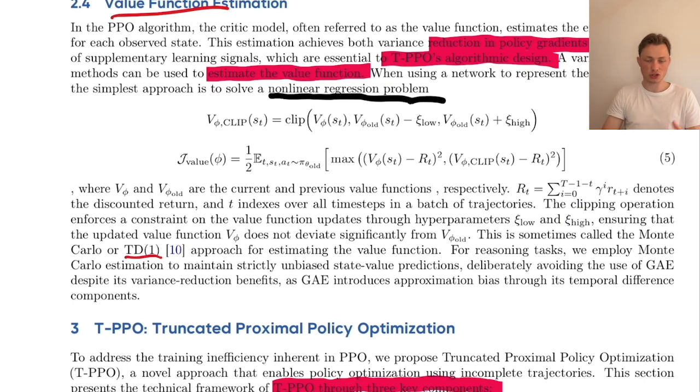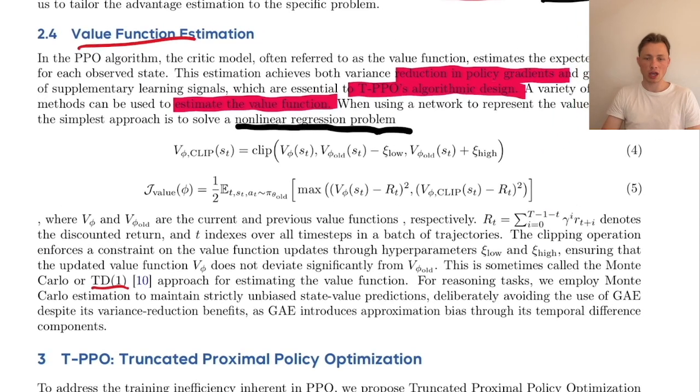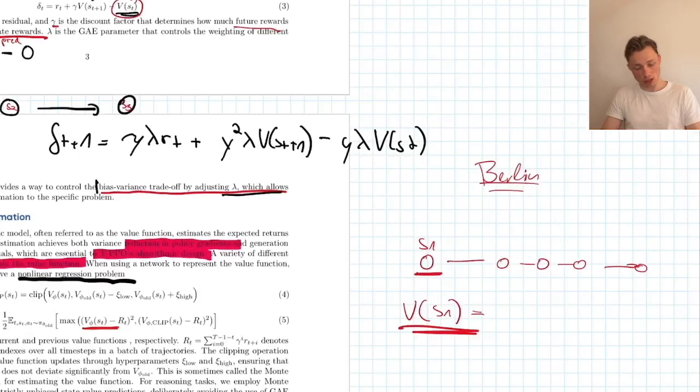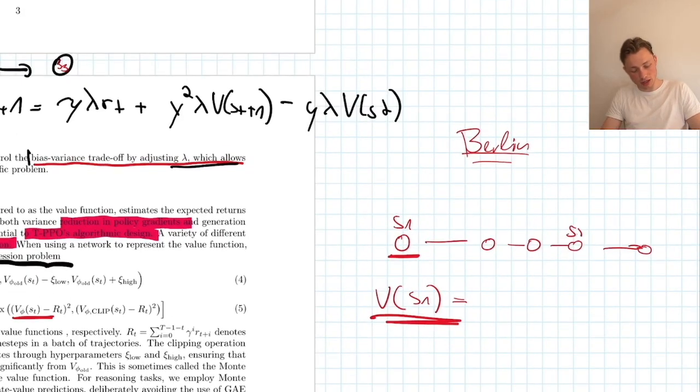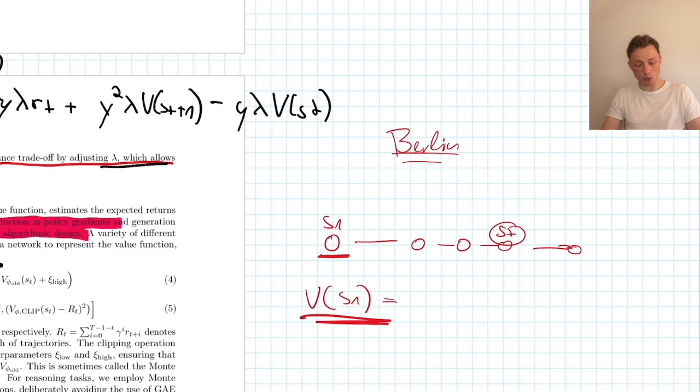And we can train the value function, our neural network, just through the L2 loss. Okay, we can see this here. We have the value function up to state, for example, state t here, and we have the real reward.